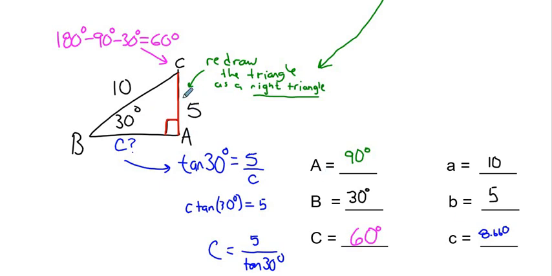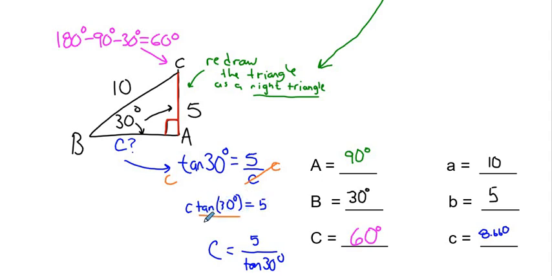There's a lot of ways to do it. I'm going to use 30 in the given information, just in case I did anything wrong. With the given information, this is opposite, and this would actually be adjacent, right? So I'm going to do opposite over adjacent, which is tangent. Tangent of 30 is 5 over C, you would just simply multiply both sides by C, giving you C tangent 30 is 5.